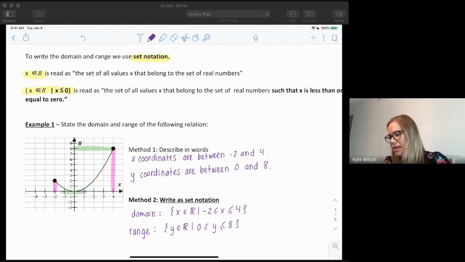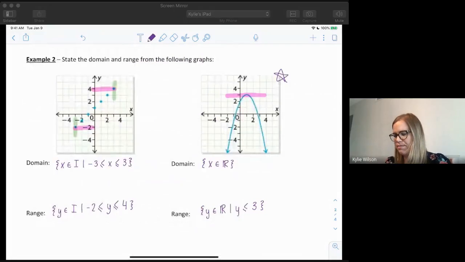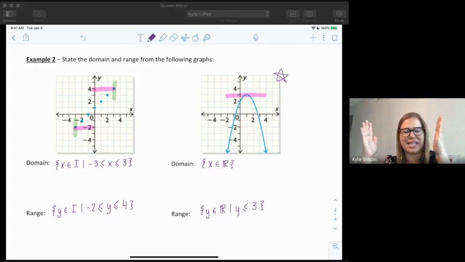Now, on this example over here, my X's actually go on forever. There's nothing limiting or stopping them. In that equation, whatever the graph was, I could put in any X value and it would work. Because I have those little arrows on the end, it's just going to continue forever, and there's nothing stopping my X's. If I got a really big piece of paper and saw the rest of that graph, my X's would just keep going. Does that clear that up a little bit?